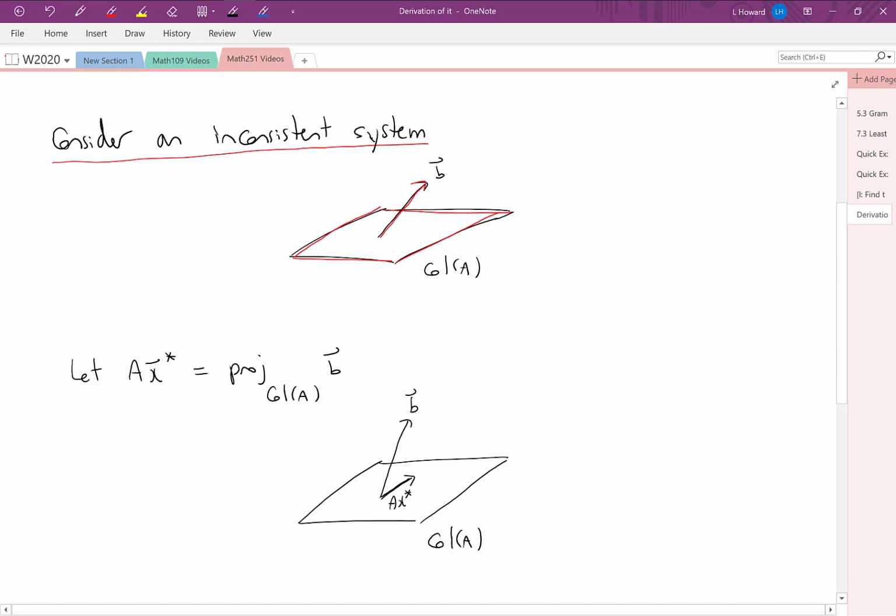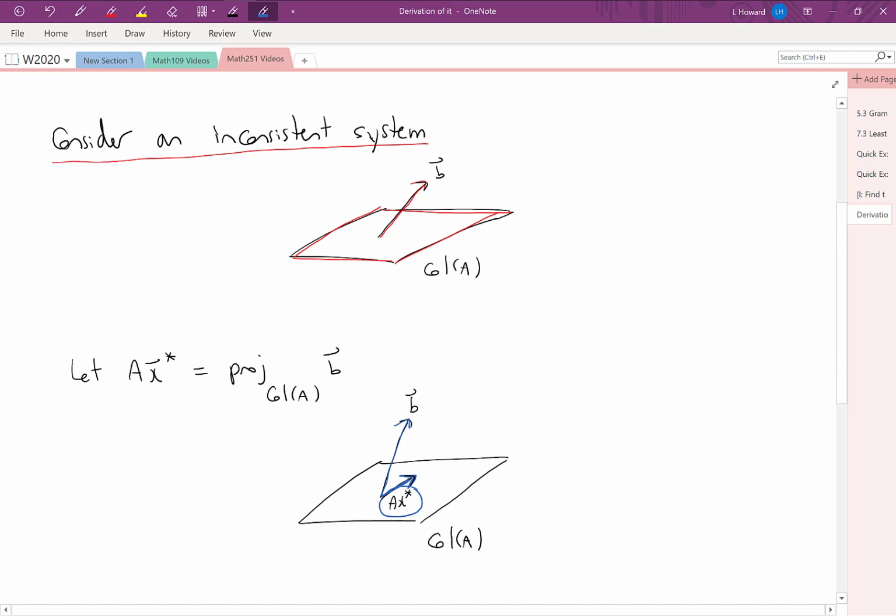Now let's see what happens if we actually project b onto the column space of A. Take this vector b, which is not in the column space, and project it onto that plane. What that's going to give us is Ax star, because conceptually we're getting as close as possible to b as we can while still staying in the column space of A. The column space of A is exactly the set of vectors that look like A times something.